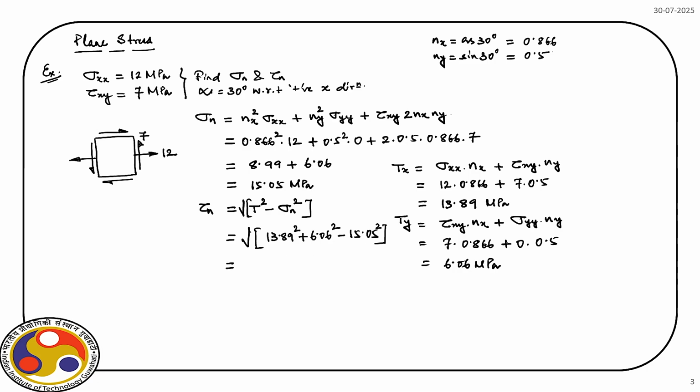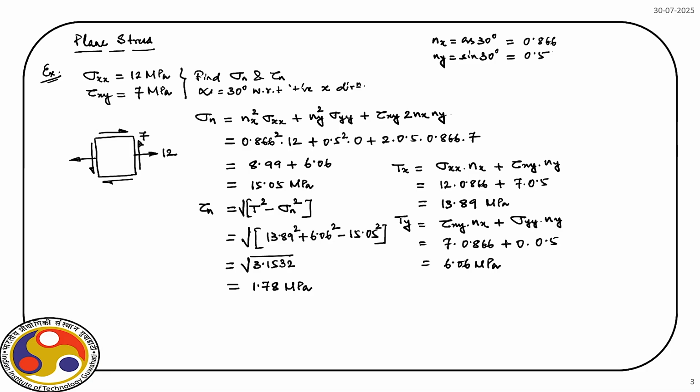So, if we solve this quantity, square root of 3.1532, and this is equal to 1.78 MPa.